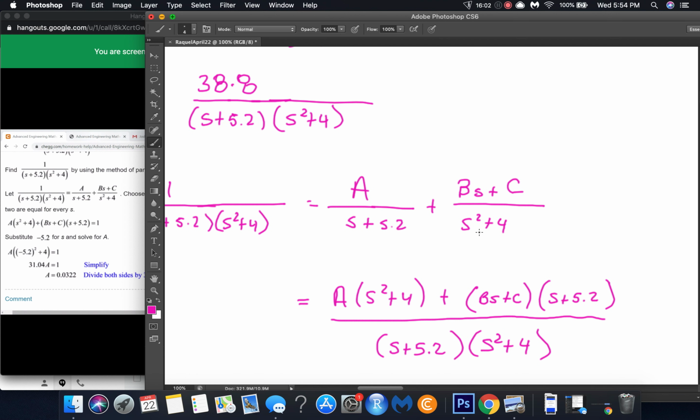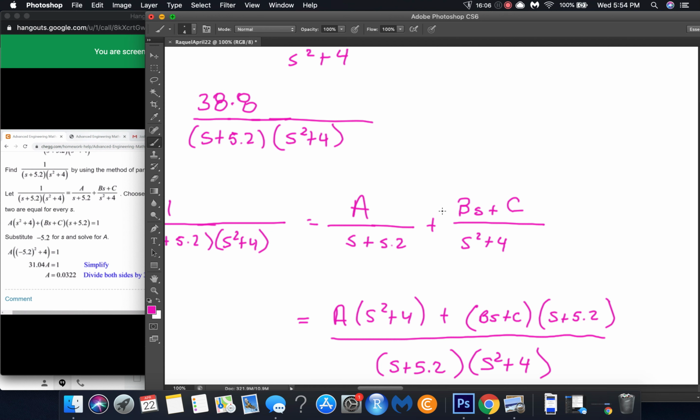Now we plug that into this equation. So we use a, b, and c for that equation.